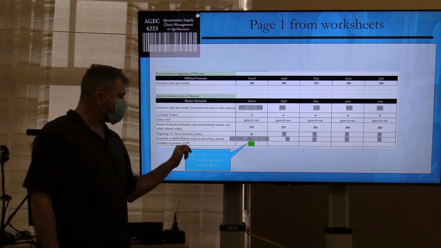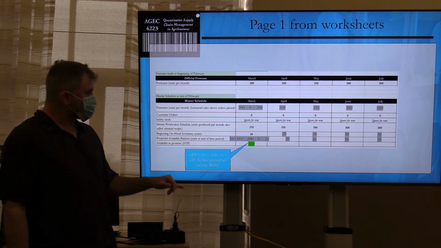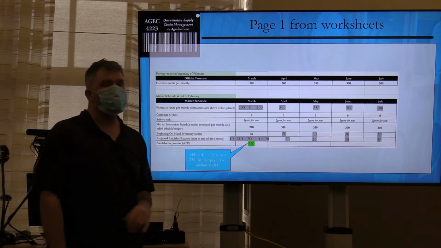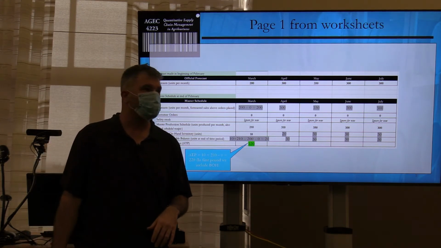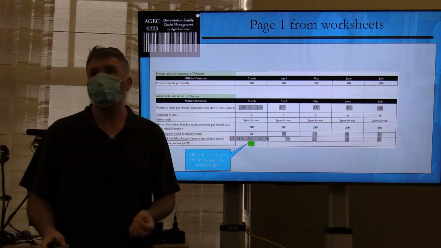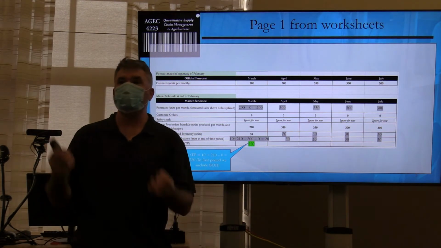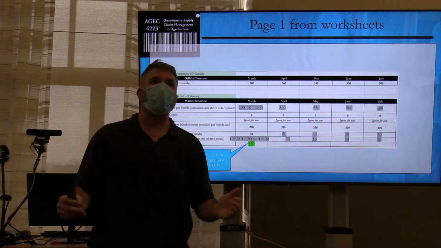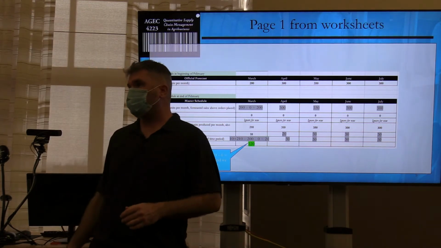And so here, available to promise is going to be production or scheduled receipts plus beginning on-hand inventory. And again, we include beginning on-hand inventory because it's now, and we know how much inventory is in there. Just like it's now, we can go count the number of books there.